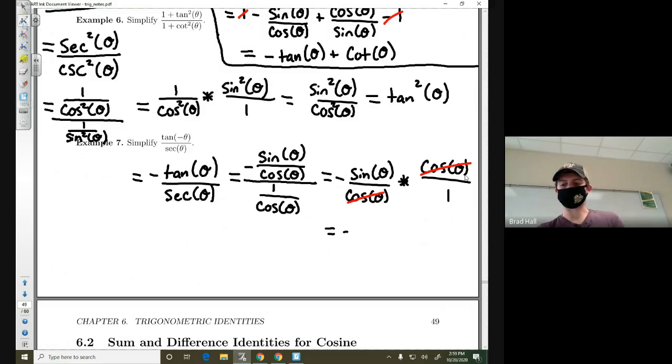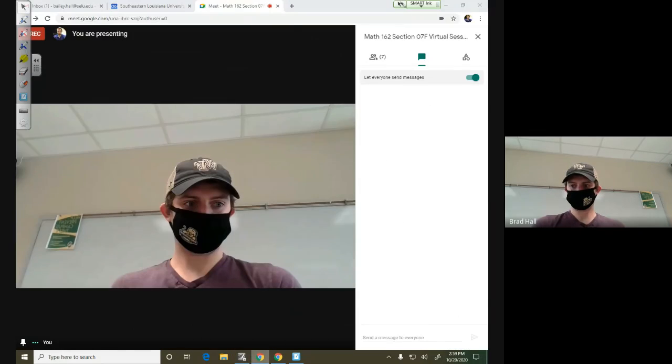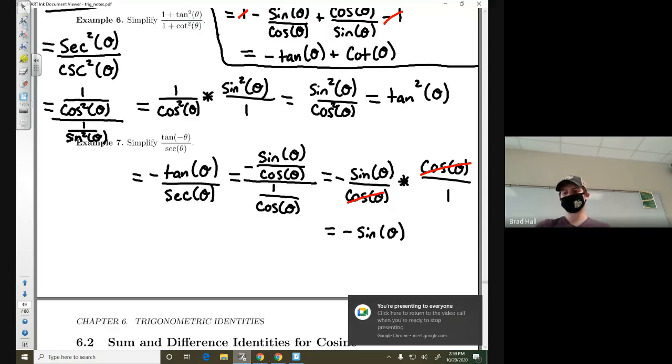So this simplifies to just negative sine of theta. So that's definitely a lot more simplified than what we had before.